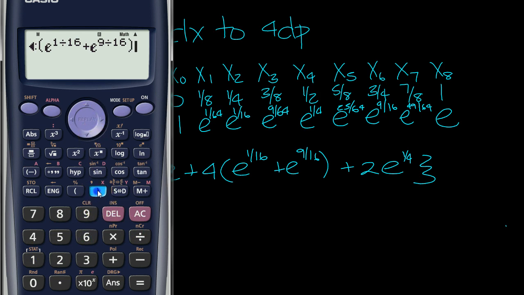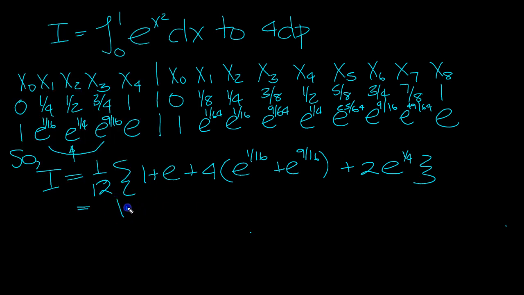Four times that bracket plus 2 times the other e value, e to the quarter. Don't need a bracket for it. Close the bracket at the end. Equals 1.4637, 1.467 to 4 decimal places.